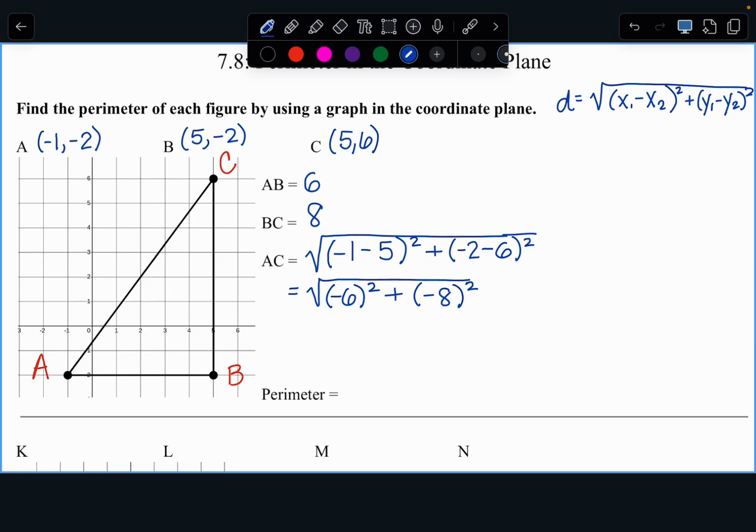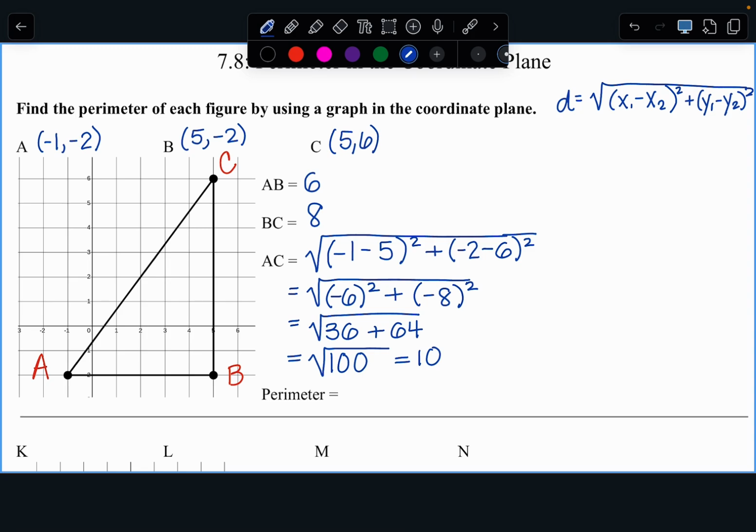Now let's square each of those individual pieces. -6 times -6 is 36, and -8 times -8 is a +64. When we add them together, we get 100. And the square root of 100 is 10.